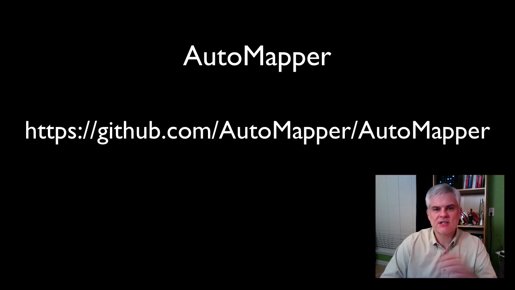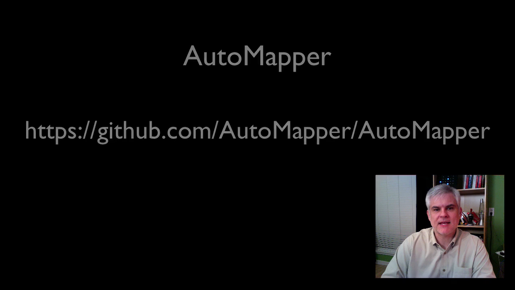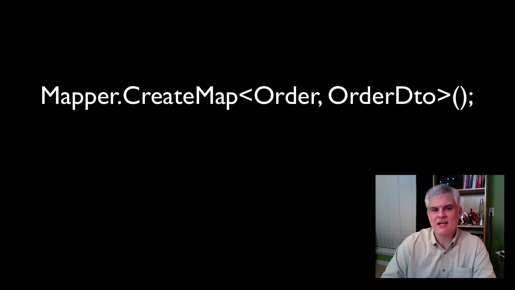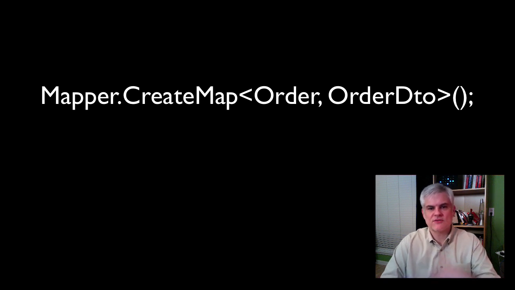And their Getting Started guide shows a common mapping, and it's really simple to do. You basically just need to do this once inside of the application. You create a map and you send in the source and the target. So the source may be your order entity, and the target is a data transfer object, a class used for data transfer that also transfers the order.